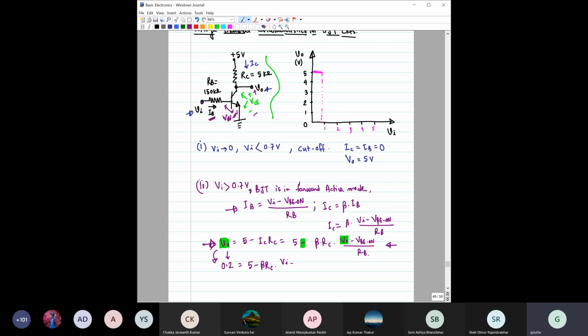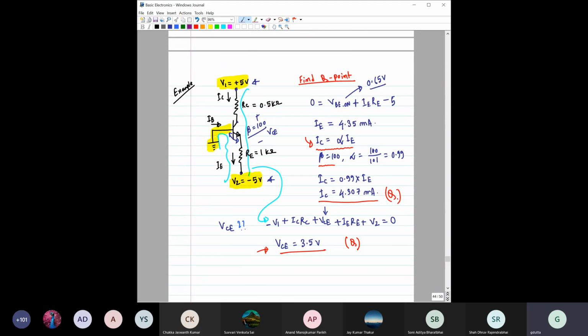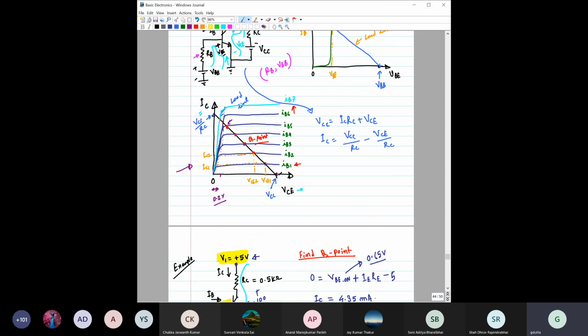For that I think this would be a good way to go. See, if you consider a transistor characteristic like this, and suppose the Q point is somewhere here, then you can say this Q point is at the edge of the saturation region. At the same time, this Q point is also at the edge of the forward active mode.